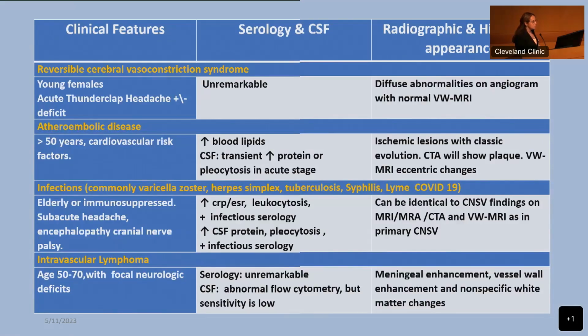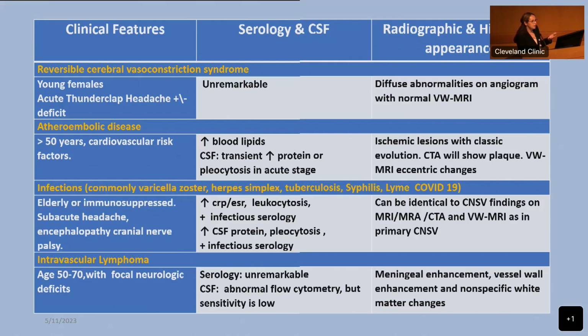What I see most commonly in my referrals, things that mimic CNS vasculitis are atherosclerotic arterioembolic diseases, especially with premature atherosclerotic disease. So differentiating factors: in atherosclerotic disease at the time of acute stroke, you actually can see a little bit of pleocytosis and high protein. So be careful with that. But your vessel wall imaging is going to help you here.